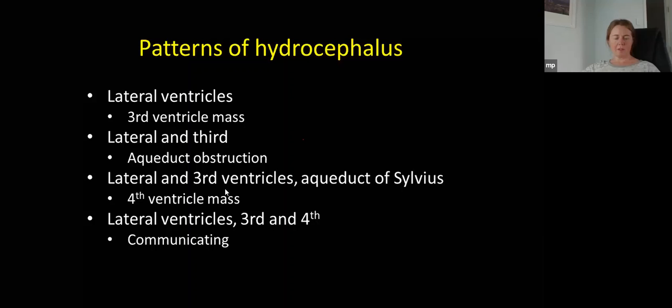If you have enlargement also of the aqueduct, but a normal fourth ventricle, you're going to assume that the obstruction is at the level of the fourth ventricle. And if every single ventricle is enlarged, then it's most likely going to be communicating hydrocephalus. And we will talk a little bit about involution or atrophy as well.